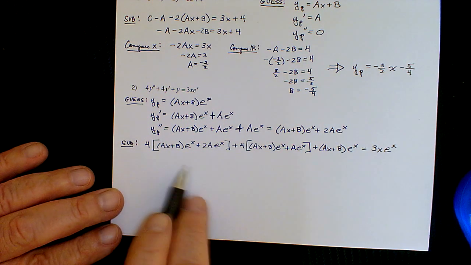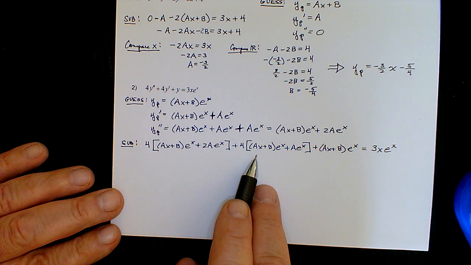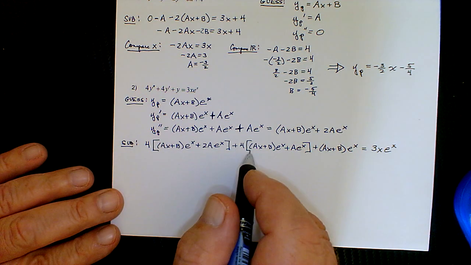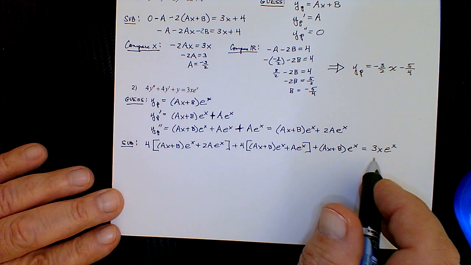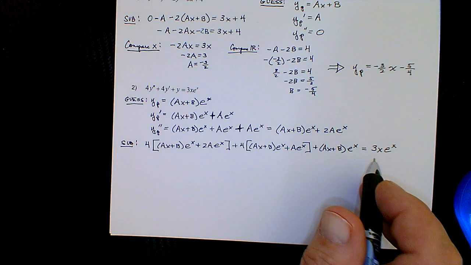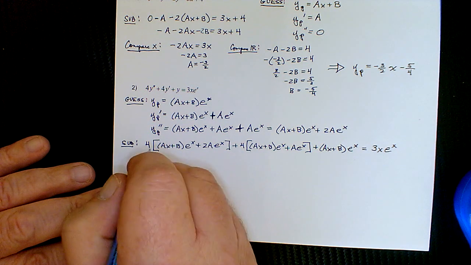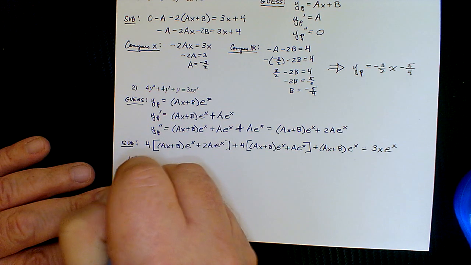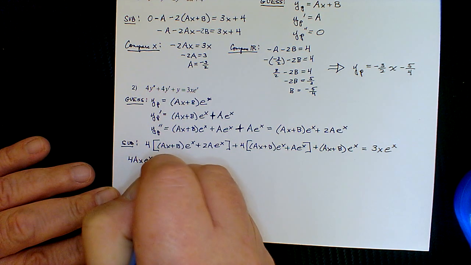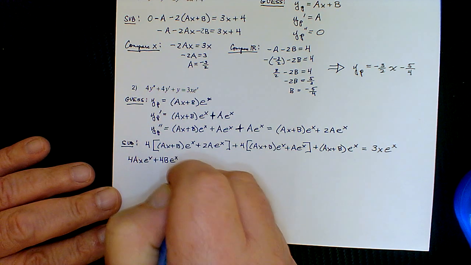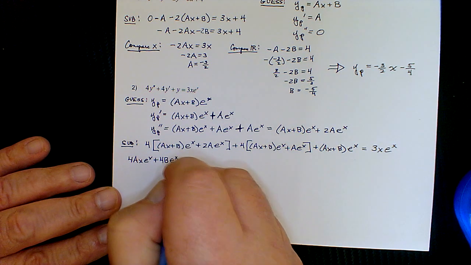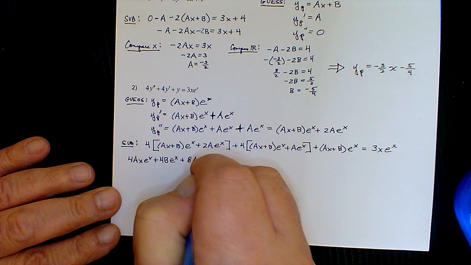Okay, so at this point we're going to compare some things. If you want to, you can distribute and expand everything and then pick out the common factors, or terms, that is. So let's say I'll have 4ax e to the x plus 4b e to the x, that takes care of that. Then the 4 times this term gives plus 8a e to the x.